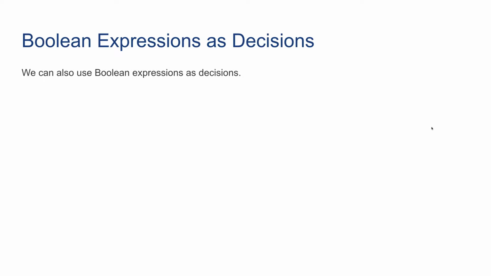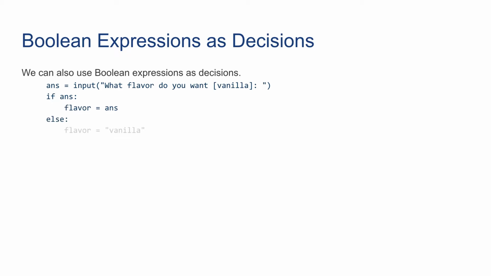So we can use Boolean expressions as decisions as well. Let's look at this example. Answer is an input and the prompt is what flavor do you want? It also means that if you don't type anything, vanilla will be the one. So we can say if answer, flavor is answer, else flavor is vanilla.